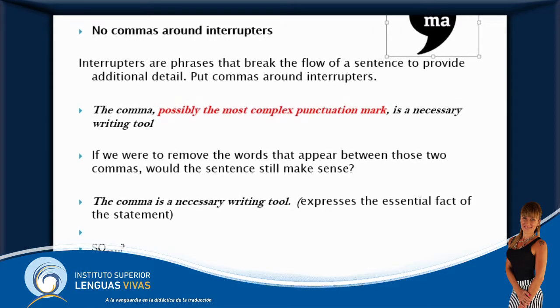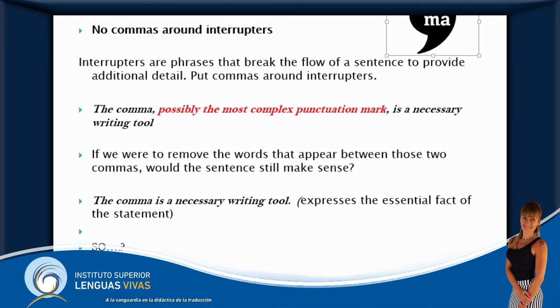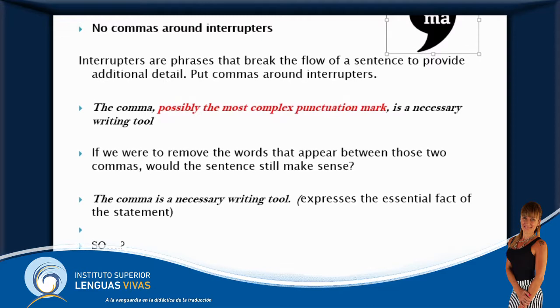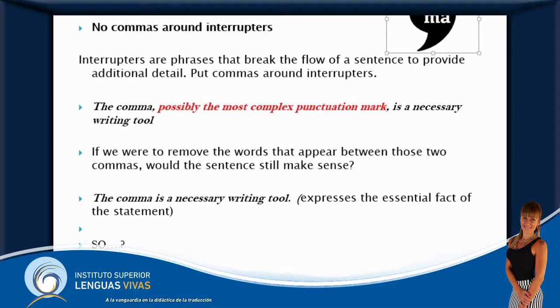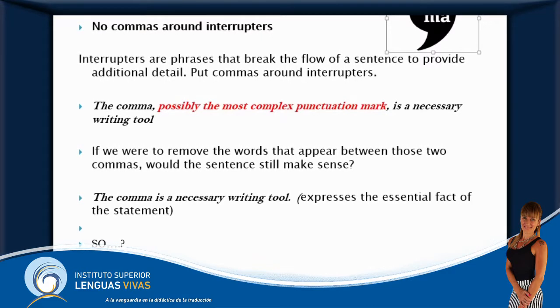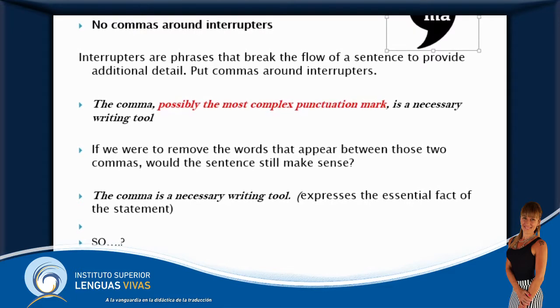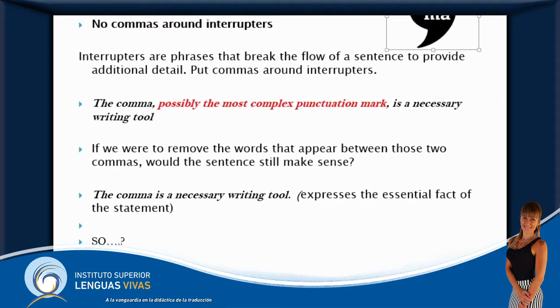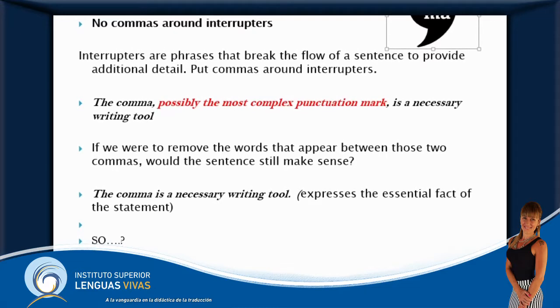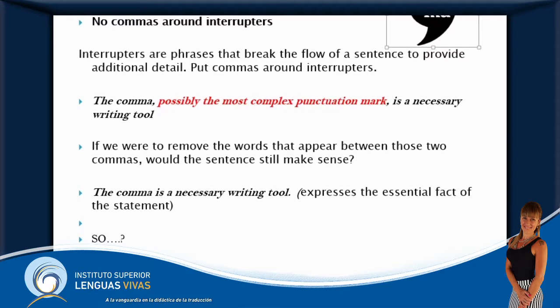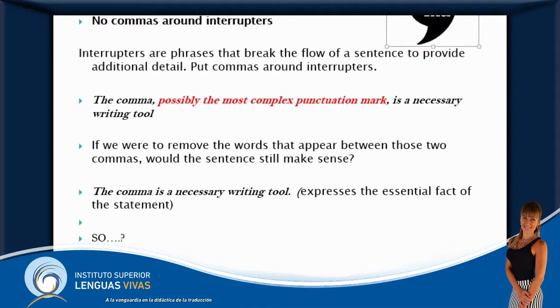The only thing is that the sentence will express the essential fact of the statement. The new version, where I omitted the phrase that falls between the commas, makes perfect sense. Still, however, it lacks personality or spice. So the name for spice in, let's say, business English would be style.